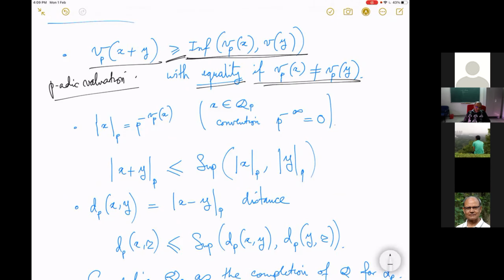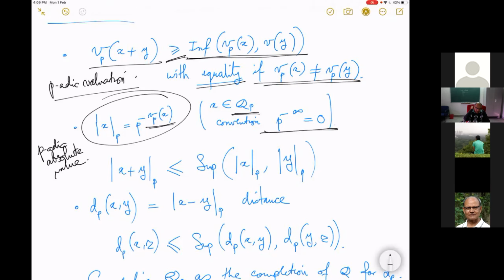And from this valuation, you can define an absolute value, the P-adic absolute value, which is, you just raise P to the power minus VP of X. So now X is any element of QP, and the convention is that P to the power minus infinity is of course equal to 0.